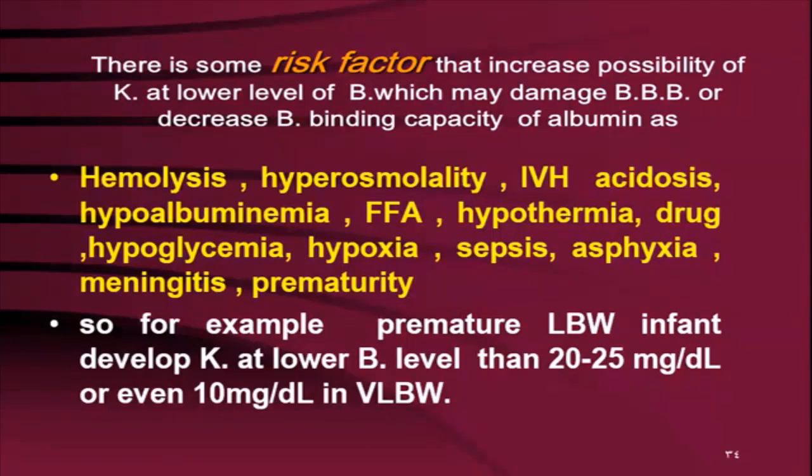Also, a patient without septicemia may develop kernicterus at 20 or 25 milligrams, but with septicemia may develop it at a lower level, below 20, especially if there are other factors that lower the threshold.